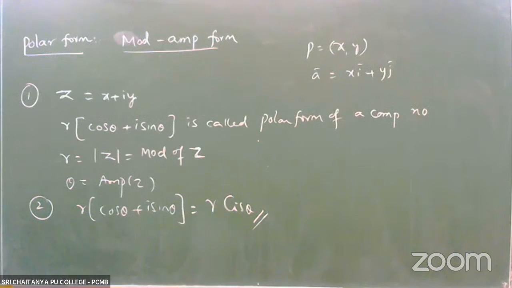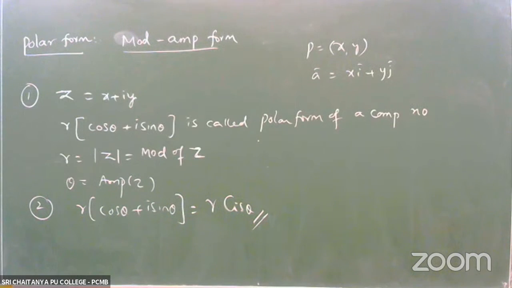I am repeating these two points again. The representation of a complex number by using modulus and amplitude is called mod amplitude form or polar form of a complex number, and it is represented by r cos theta plus i sin theta, which you can also write as r cis theta.